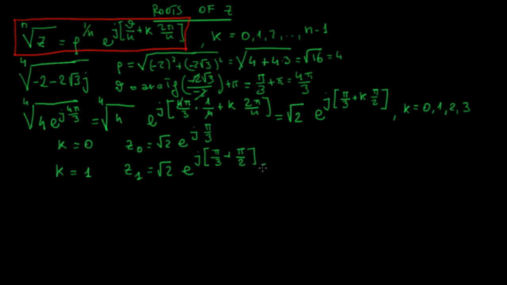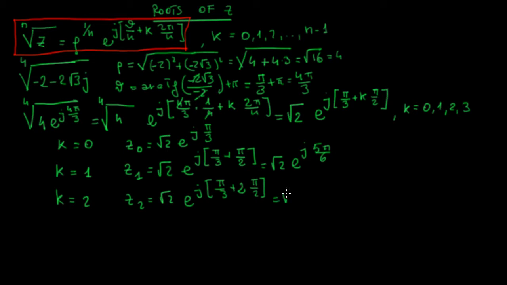This is the square root of 2 e to j 5 pi over 6. While for k equals 2, z sub 2 equals the square root of 2 e to j (pi over 3 plus 2 times pi over 2).